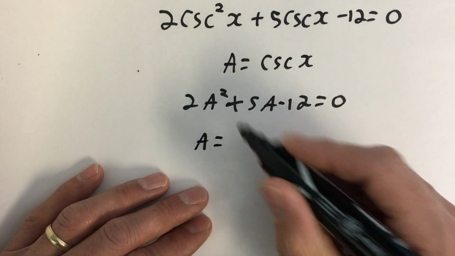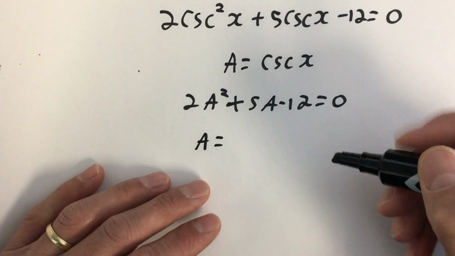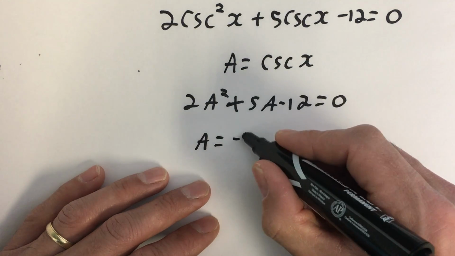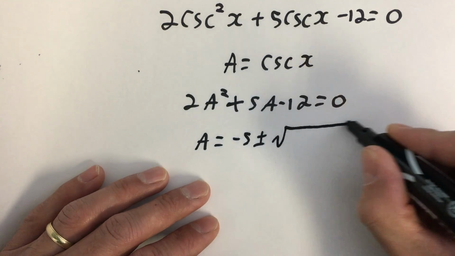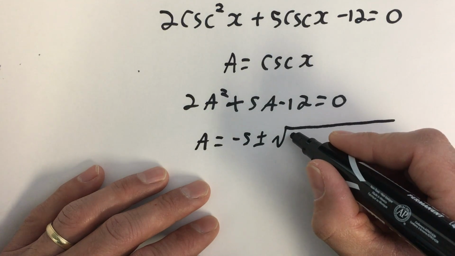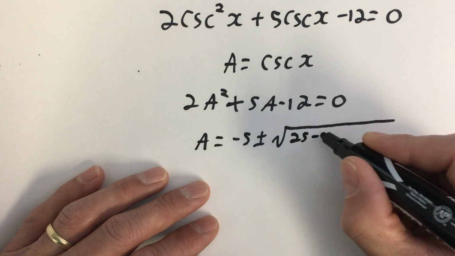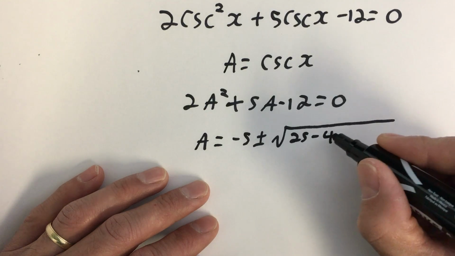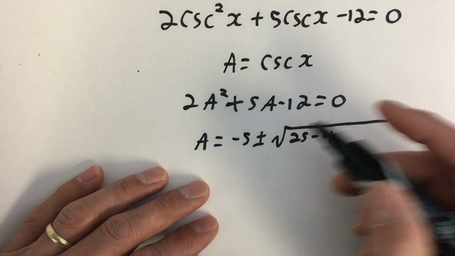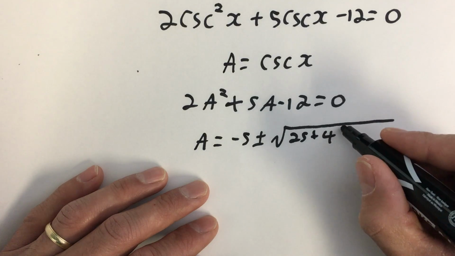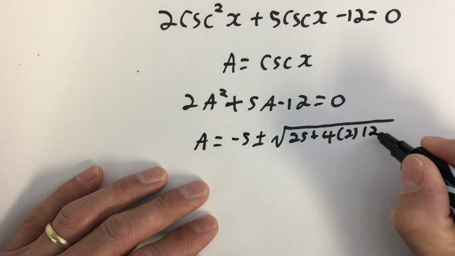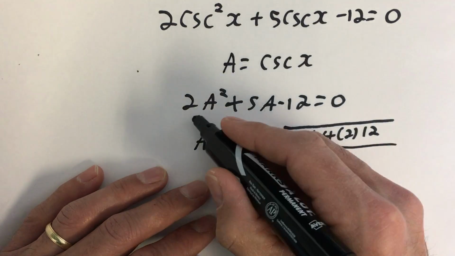We can go straight to our solution using the quadratic equation. a is going to be negative 5 plus or minus the square root of 5 squared minus 4 times 2 times minus 12, so it'd be plus 4 times 2 times 12, all over 2 times 2.